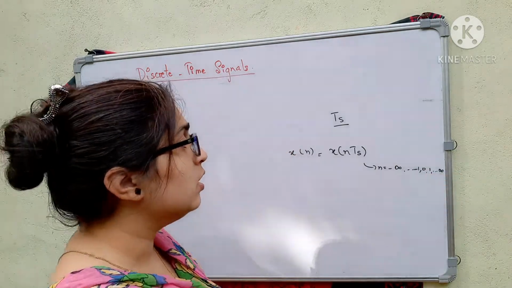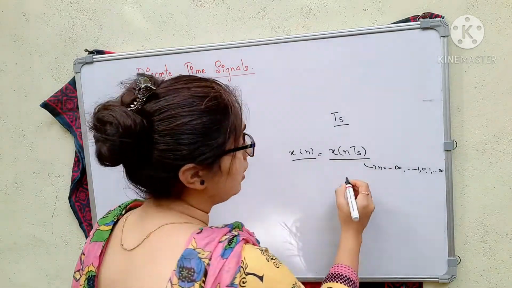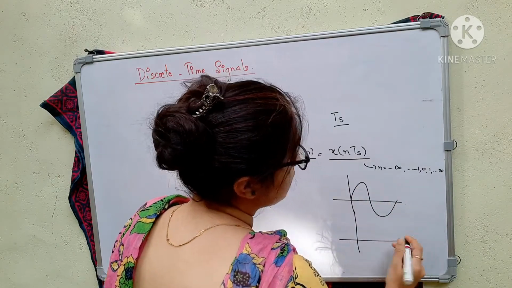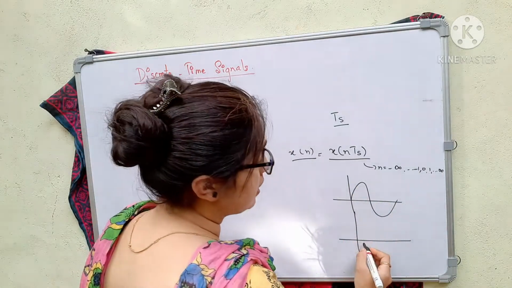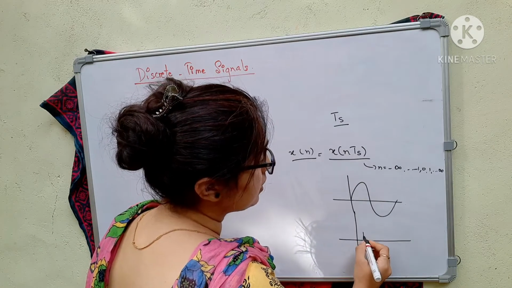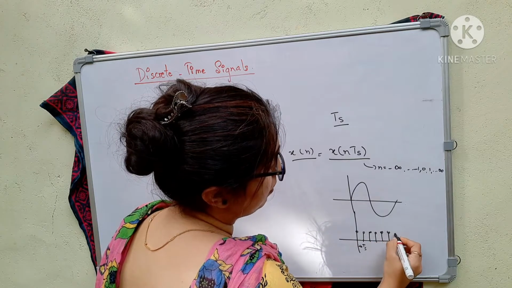This will be your discrete time signal, obtained from the continuous time signal by considering a train of impulses with sampling period Ts.